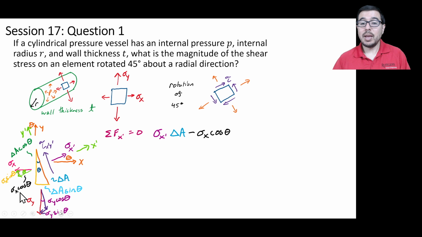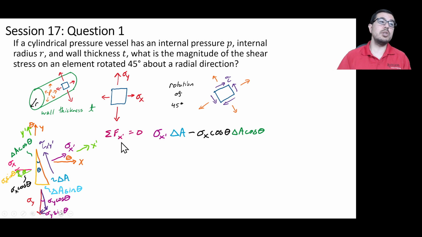We have a sigma x cosine theta, right? That is in the minus x prime direction, so there's a minus there. And that is acting on this delta A cosine theta. And we see this is a force, and this is a force as well. So we're performing equilibrium on forces, not just on the stresses.